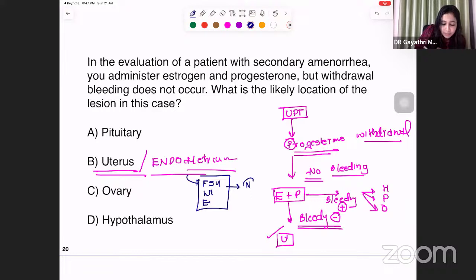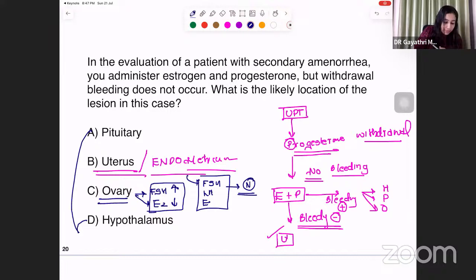In this case, the levels of FSH and estrogen will be normal. If the problem was at the level of ovary, you will see that the FSH level is increased and the estrogen level is decreased. If the problem is at the level of pituitary or hypothalamus, you see that the FSH level is decreased and the estrogen level is decreased as well.